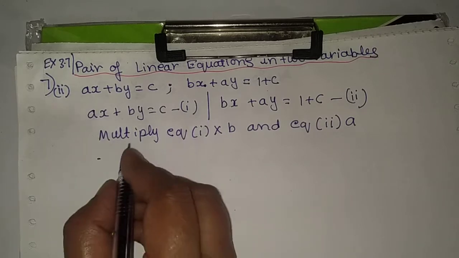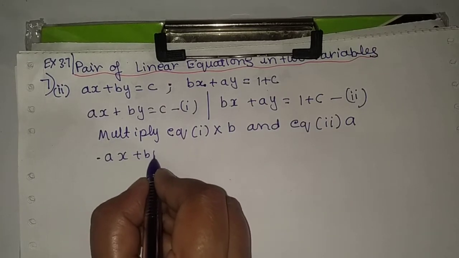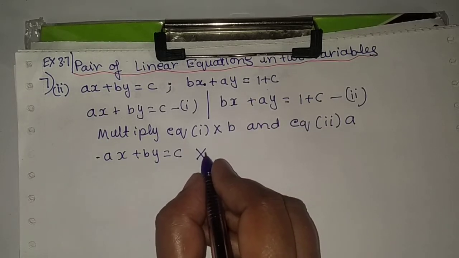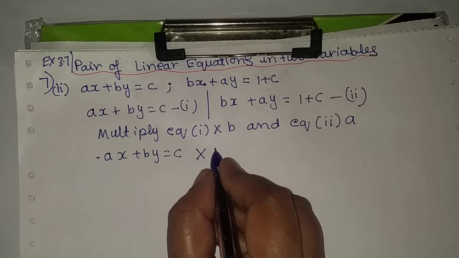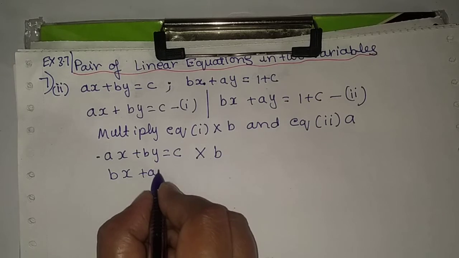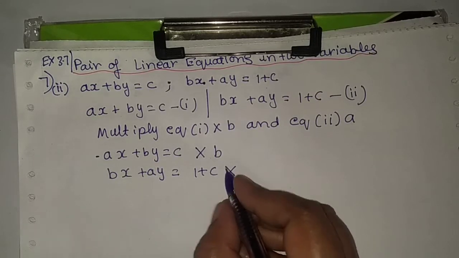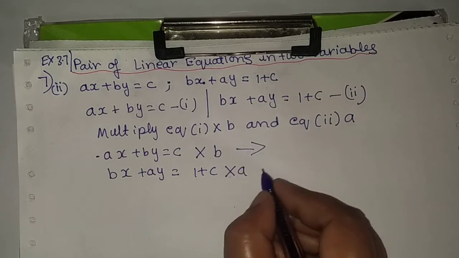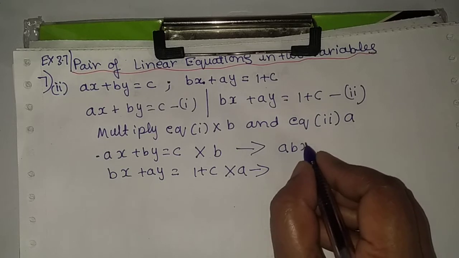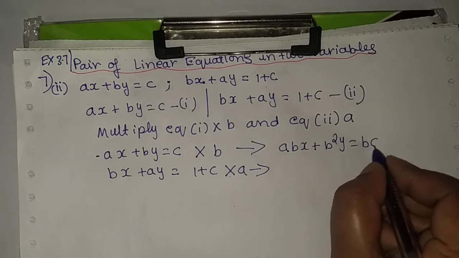So what happens, see, I'll write here, ax + by = c into b. Then the next equation bx + ay = (1 + c) into a. Now we have to multiply and write: abx + b²y = bc.